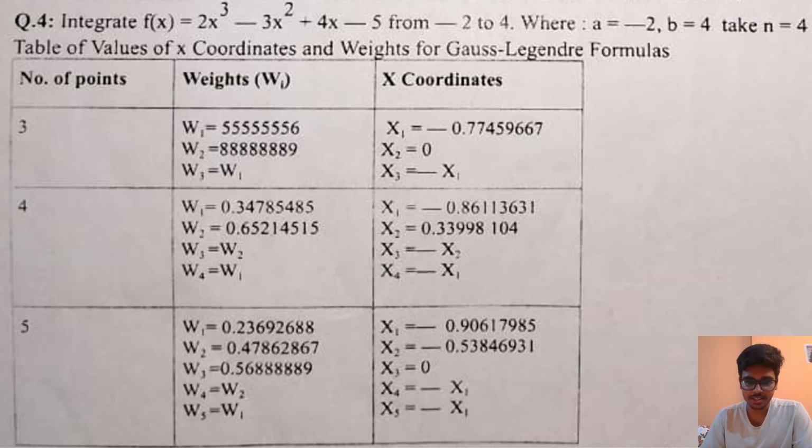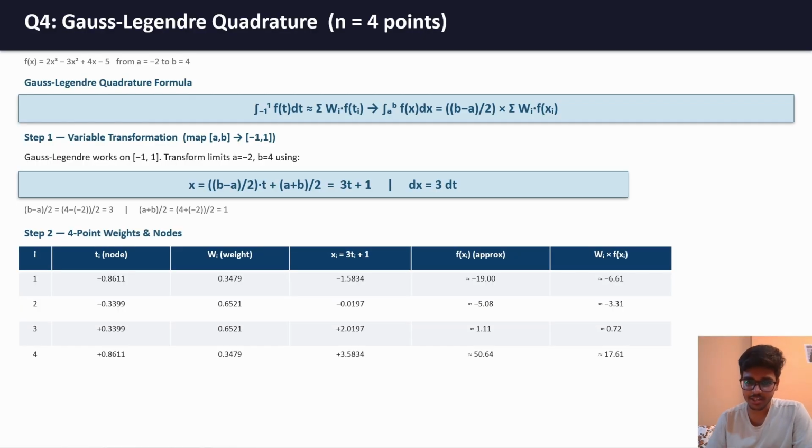Question number 4 asks us to integrate f of x equals 2x cubed minus 3x squared plus 4x minus 5 from a equals minus 2 to b equals 4 using the Gauss-Legendre formula with n equals 4 points. The core formula of Gauss-Legendre quadrature as shown on the screen has two parts.